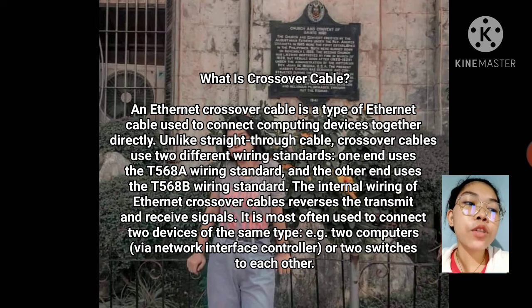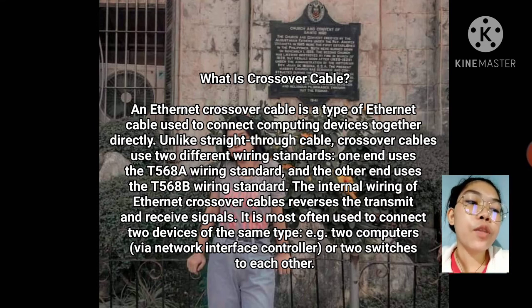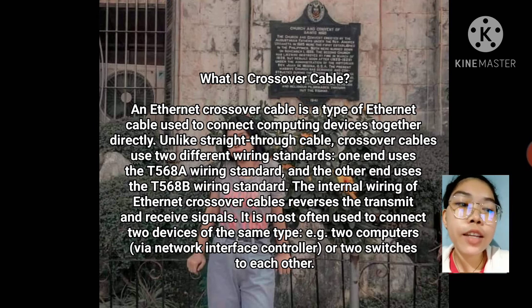So next is, what is a crossover cable? An Ethernet crossover cable is a type of Ethernet cable used to connect computing devices together directly. Unlike a straight-through cable, crossover cables use two different wiring standards. One end uses the T568A wiring standard and the other end uses the T568B wiring standard.